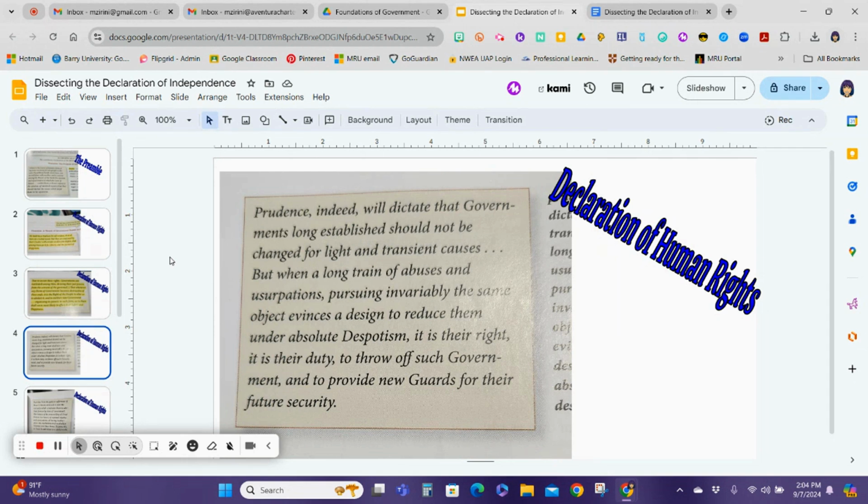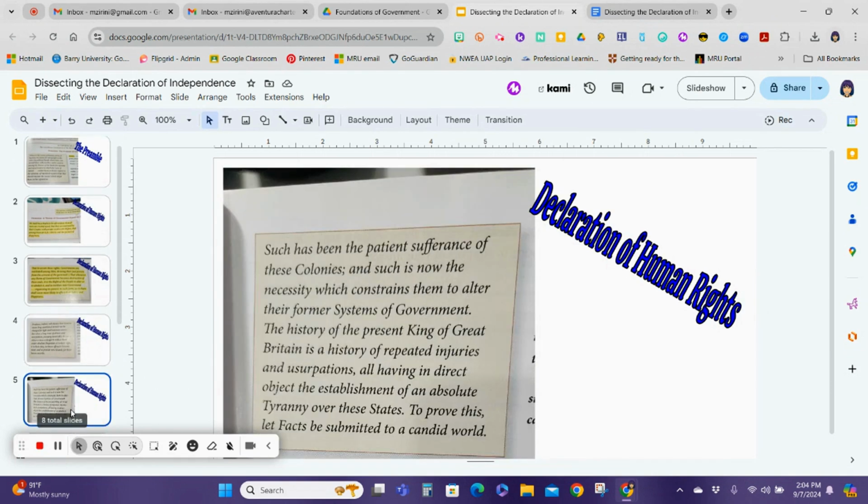There needs to be a real deep cause for changing a government that has been established for a very long time. And so they further go on to say, we have been experiencing a long train of injustices made by the king. And because of that, it is why we're saying that we should be able to create a new government that actually will protect our future security.